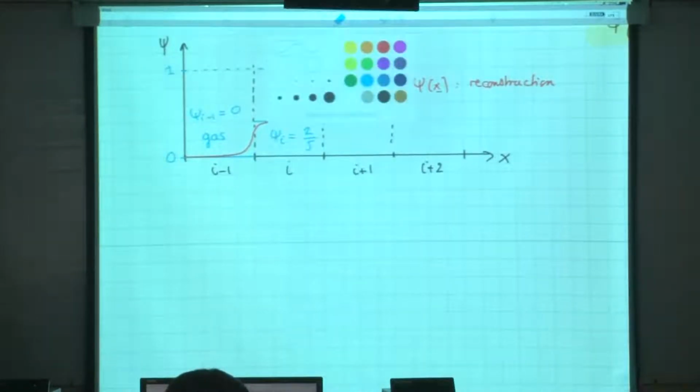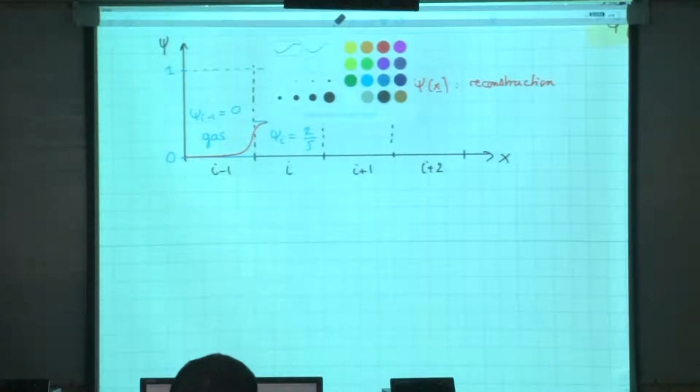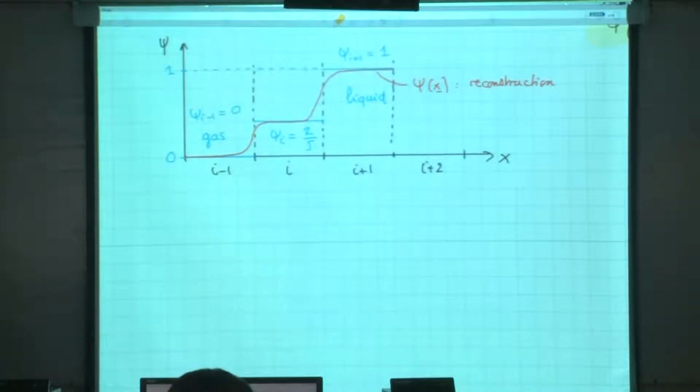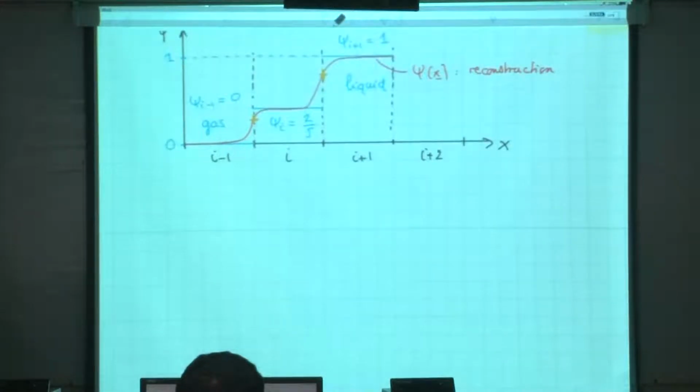What is the consequence of that? The consequence is that you will estimate at the faces some sort of intermediate value somewhere between the left cell value and the right cell value. The simplest thing you could possibly do would be upwinding.